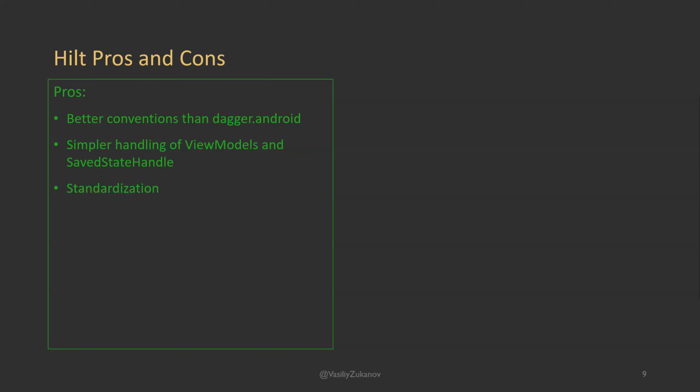Standardization. That's, in my opinion, one of the biggest benefits. Once the entire ecosystem refactors to Hilt, you will be able to hire developers from other projects and they will actually understand your DI setup, because currently every project kind of reinvents its own way to integrate Dagger. Also, Hilt has some support for integration, UI, and end-to-end testing.